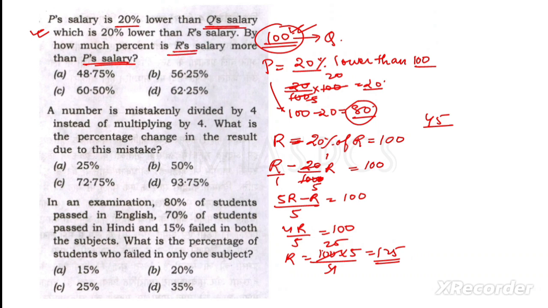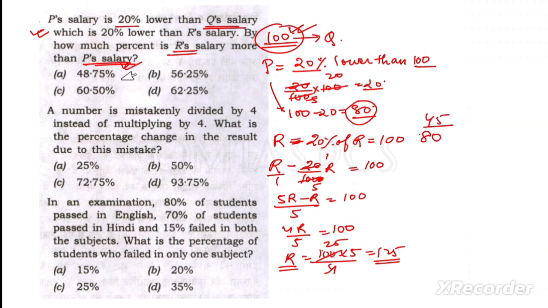So what is given here? We have to compare how much percentage R's salary is more than P's salary. So the difference is 45. And what is the original value? Original value is P's salary, that is 80.